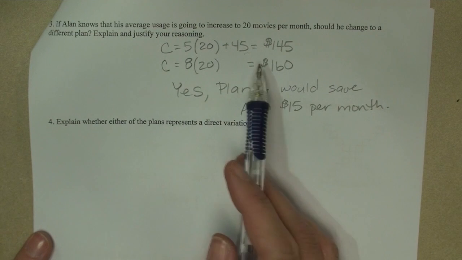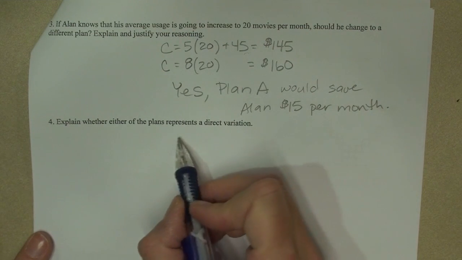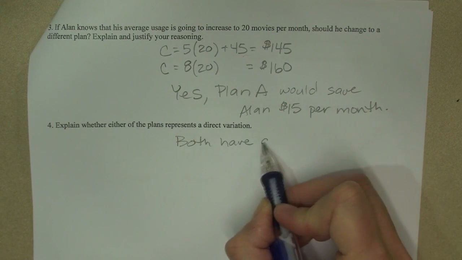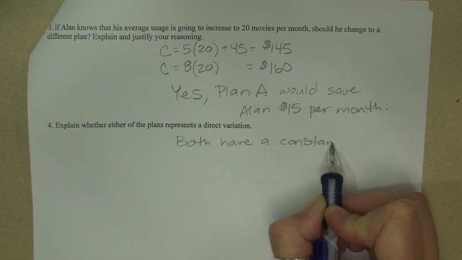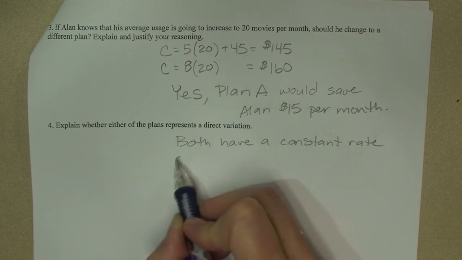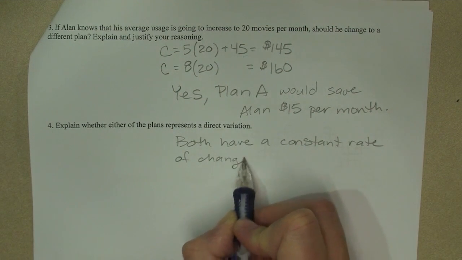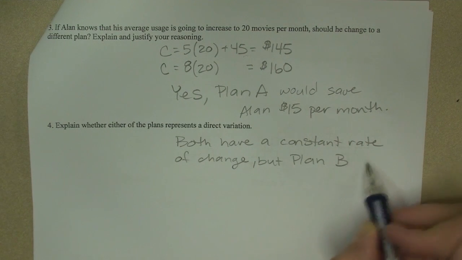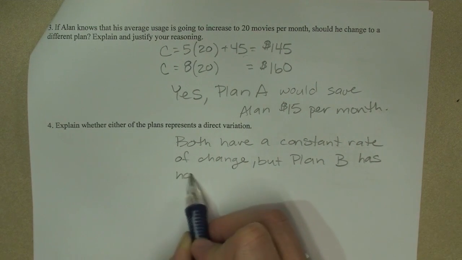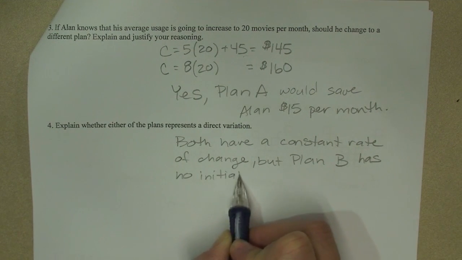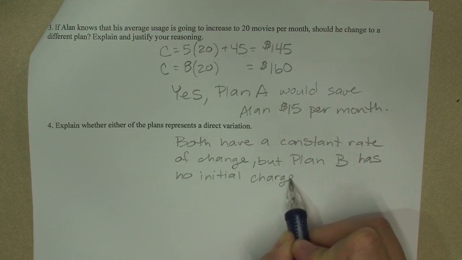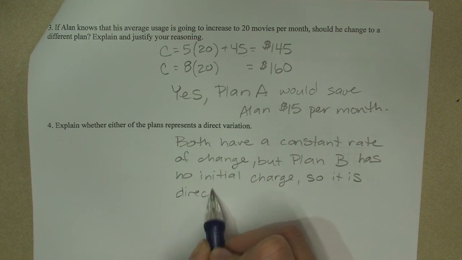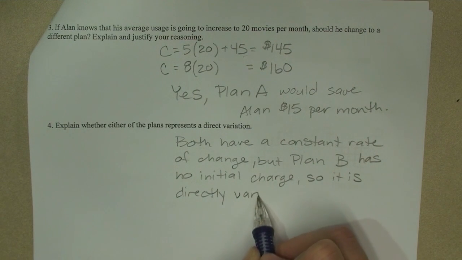So Plan A is not direct variation, but I would say both have a constant rate of change, but Plan B has no initial charge, so it is directly varying.